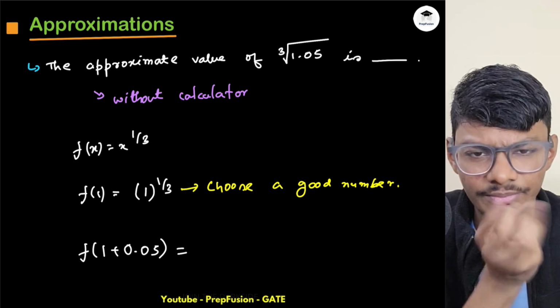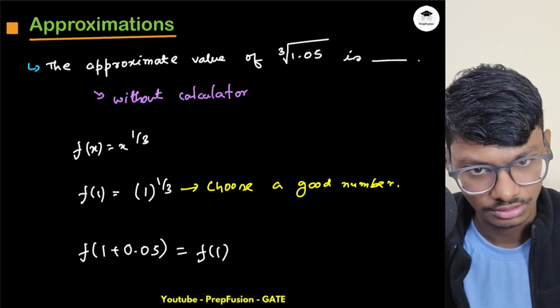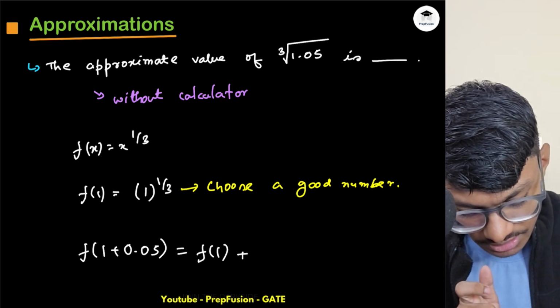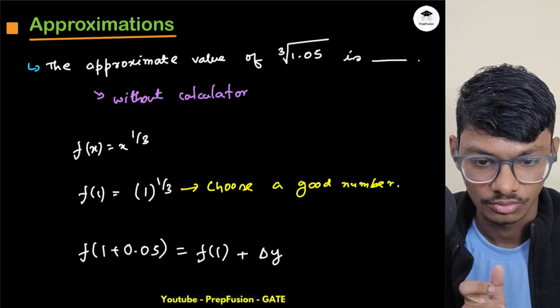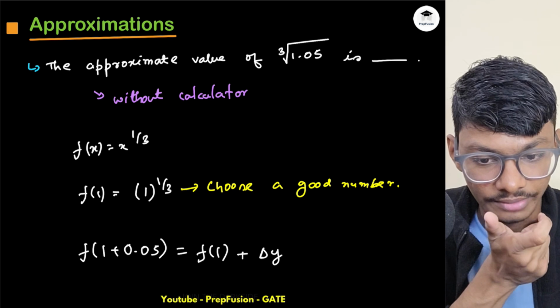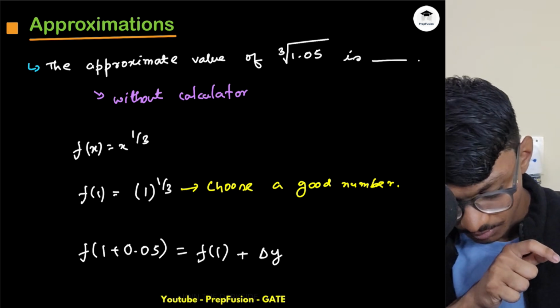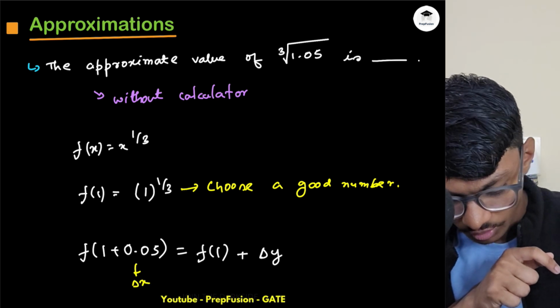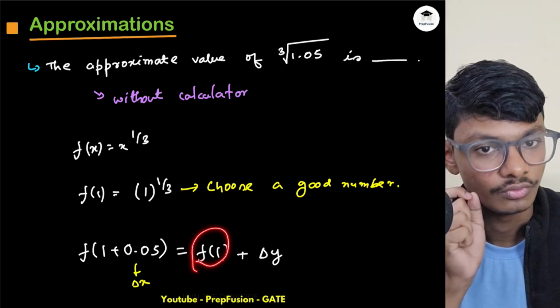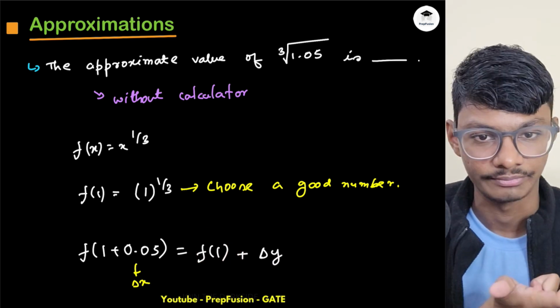So it will be very close to my result f of 1 plus some delta y, and this is my delta x, because I am very close to 1. The result will be close to this 1 only, and some delta y, it will increment or decrement.